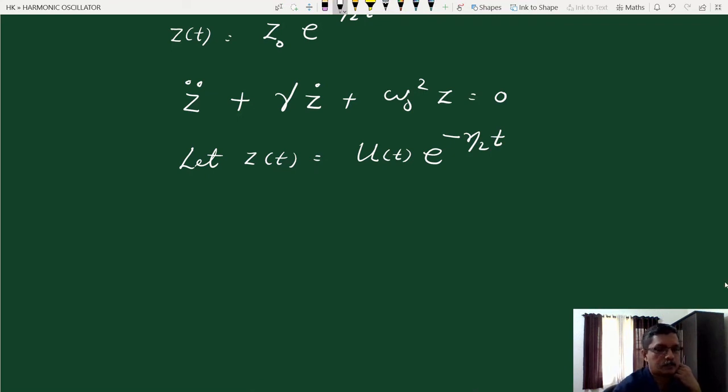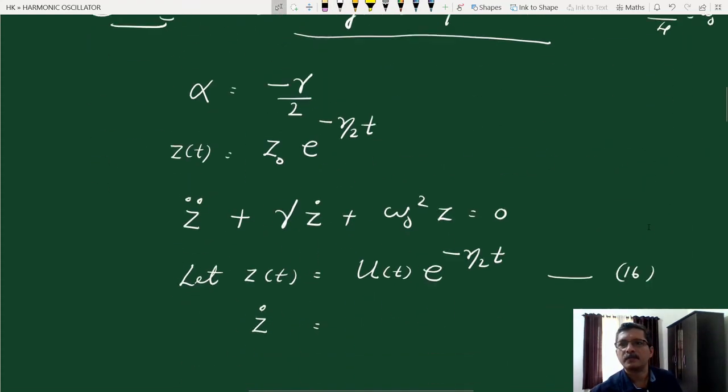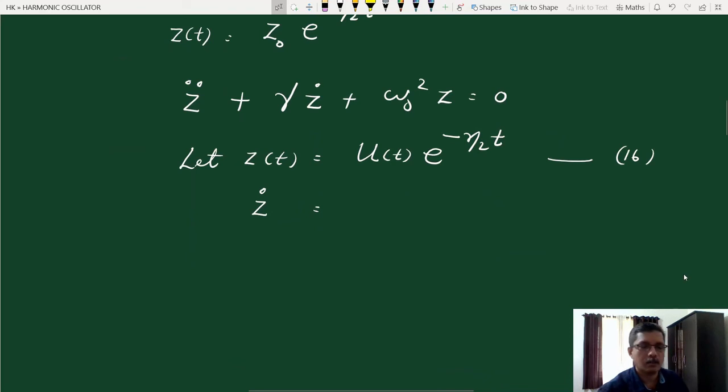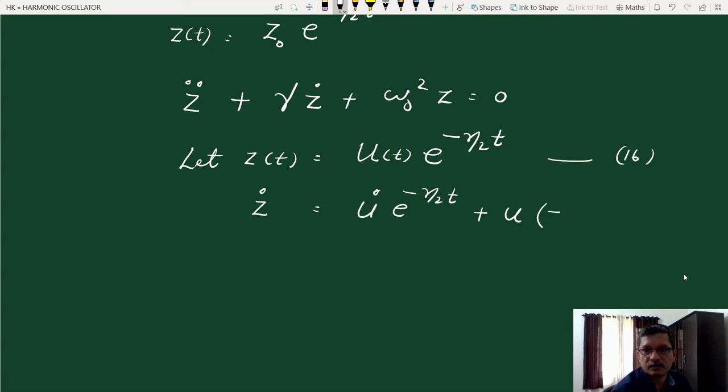Now I want to substitute this trial solution in the differential equation. For that we need the values of z dot and z double dot. So what is z dot? Let's call this equation 16, since previously we have used equation 15. So z dot is the derivative of the first function, u dot, times the second function, plus the first function into the derivative of the second function, so minus gamma by 2 e raised to minus gamma by 2 into t.